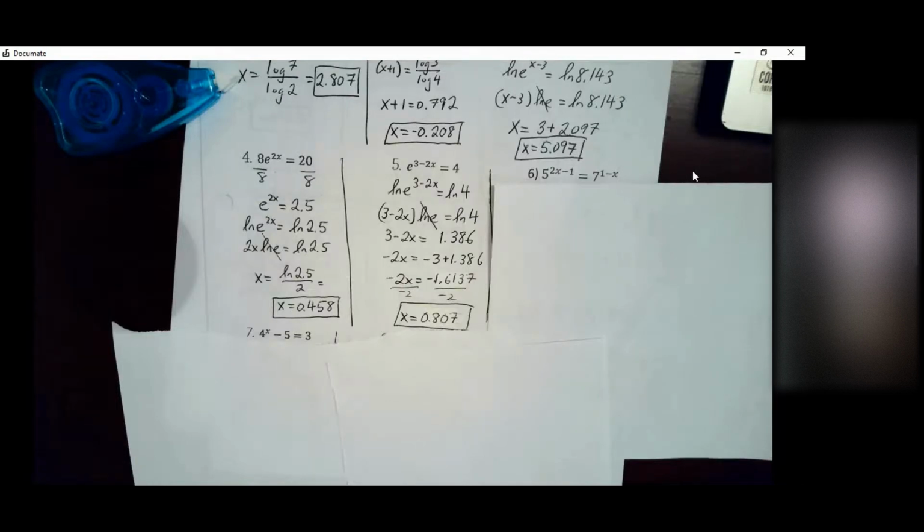Number 6. This one we're going to take the log of each side, right? Yeah, that's right. It's a little messier because we have to deal with logs on both sides and exponents on both sides. So it's a little bit longer than the previous problems.